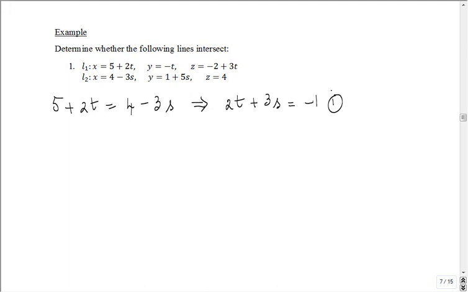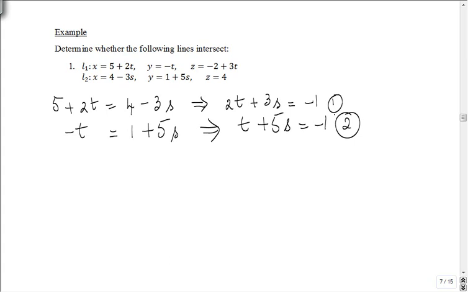Do the y's now. Minus t equals 1 plus 5s. This tells us that t plus 5s equals minus 1. Let's call this 2.